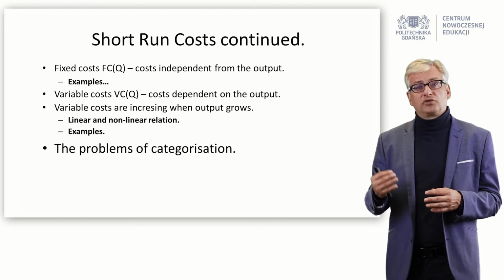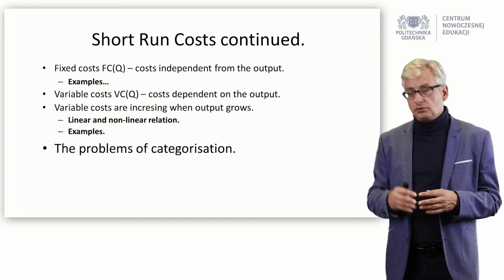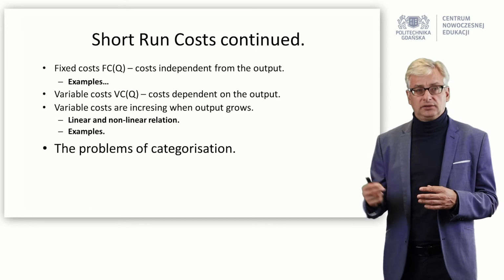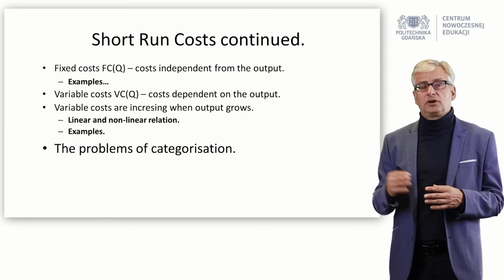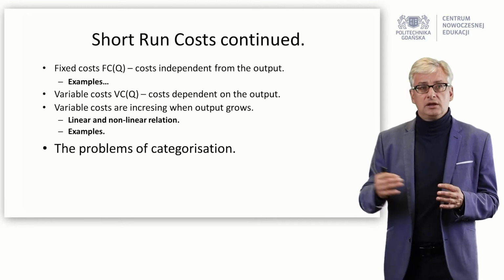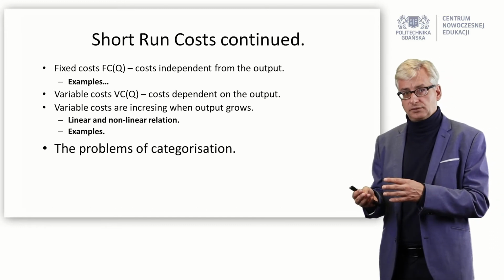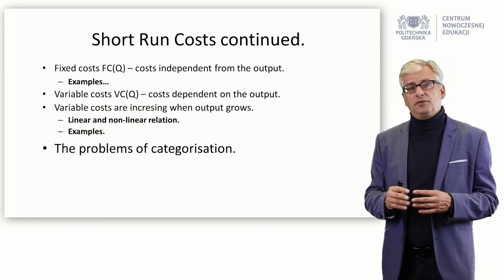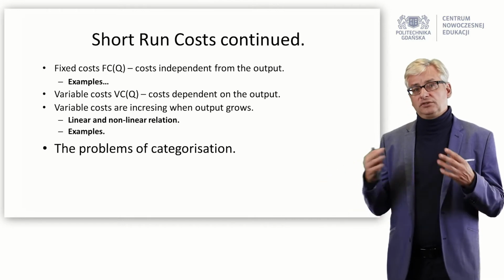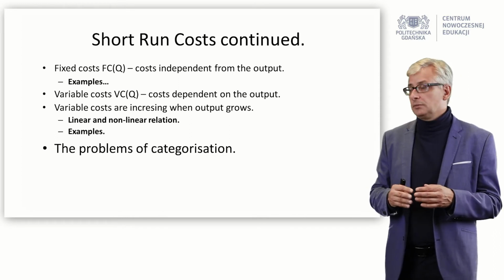Are they proportional to the production? No, they are not, or not necessarily, right? In many cases, variable costs are treated linear, like there is a linear relation between variable costs and production. This is quite often, for instance, for business plans. In many business plans, there is the simplification of linear costs, but they are not linear.